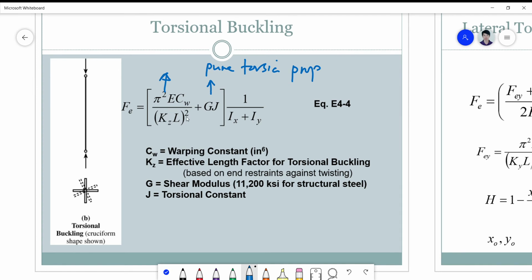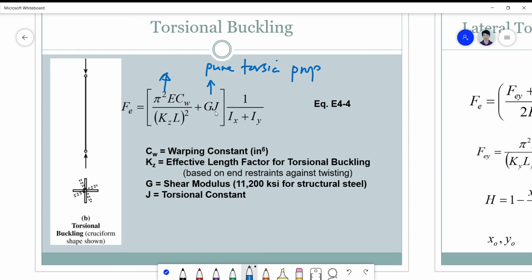Okay, so if you introduce the warping constant there, you must divide it by the moment of inertia here, to make your units consistent.